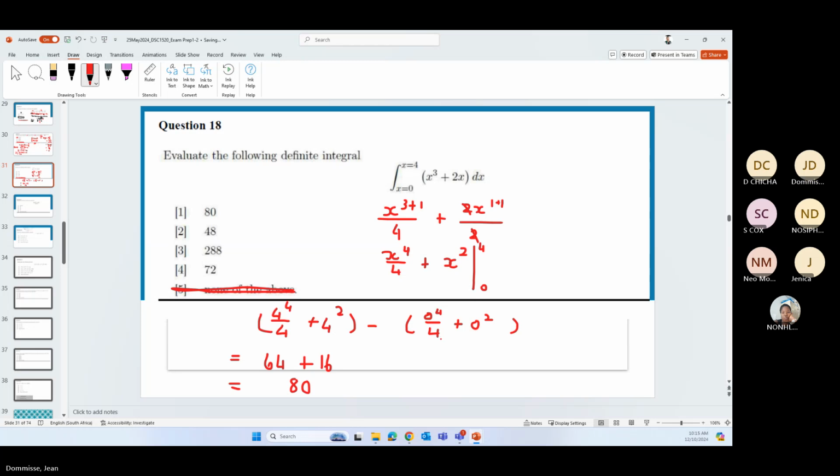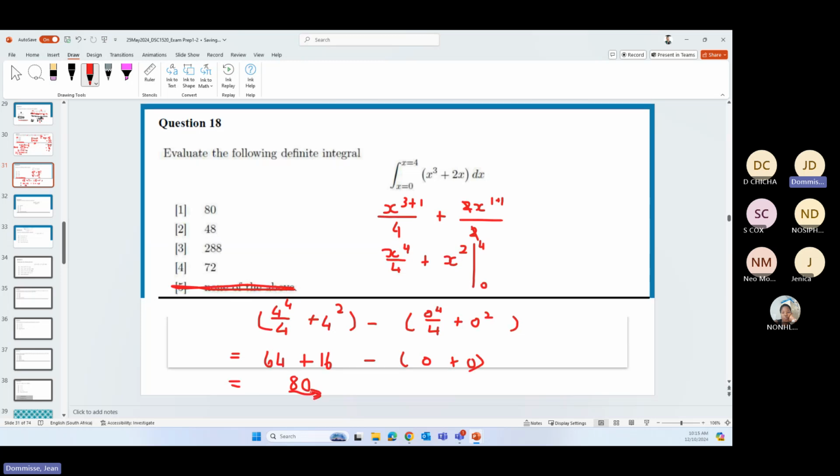Then 0 to the power of 4 stays 0. So 0 divided by 4 is 0. 0 to the power of 2 is 0. So we're basically subtracting 0. So our final answer will be 80, which is option 1.